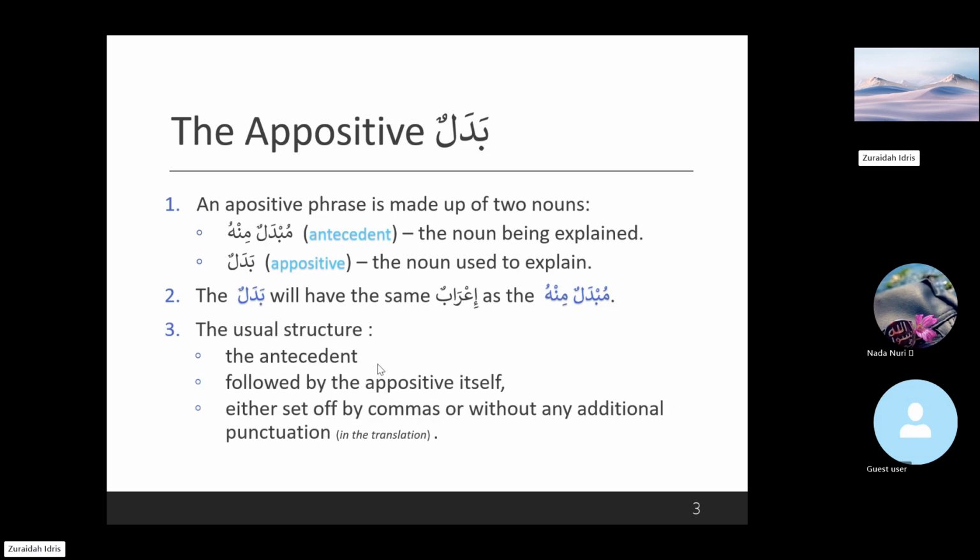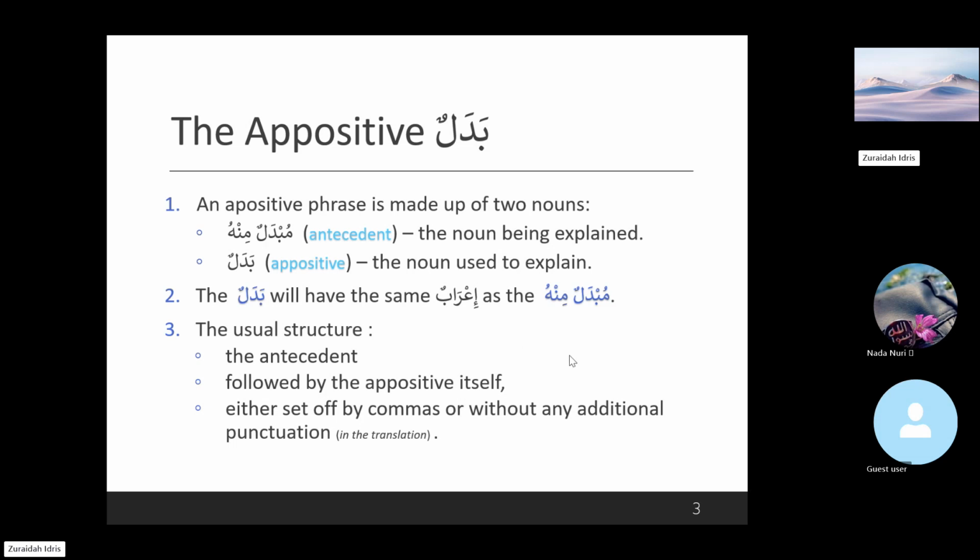The usual structure is that the antecedent comes first in the sentence, followed by the badal itself. In translation, there'll be a comma or not, depending on how close the relationship is between the mubdalun minhu and the badal.